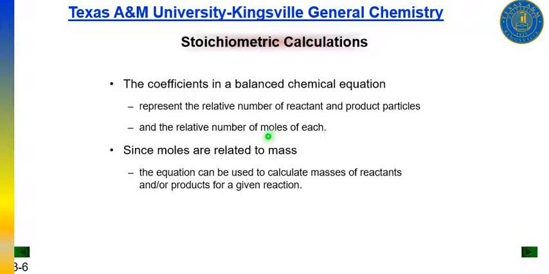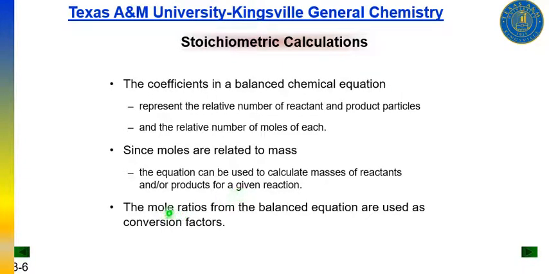They are related to the moles, not grams, not liters, but moles. The moles are related to the mass. Therefore, the equation can be used to calculate the mass of reactants and products for a given chemical reaction.